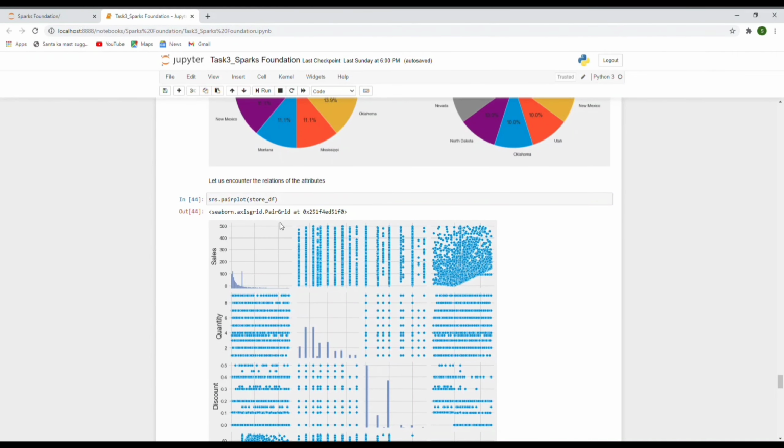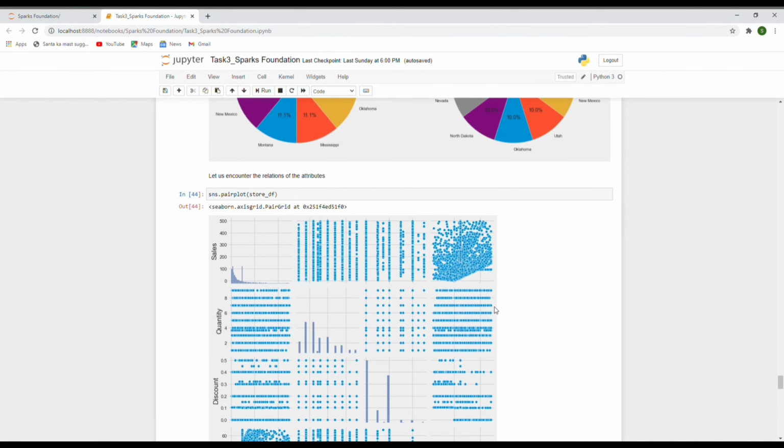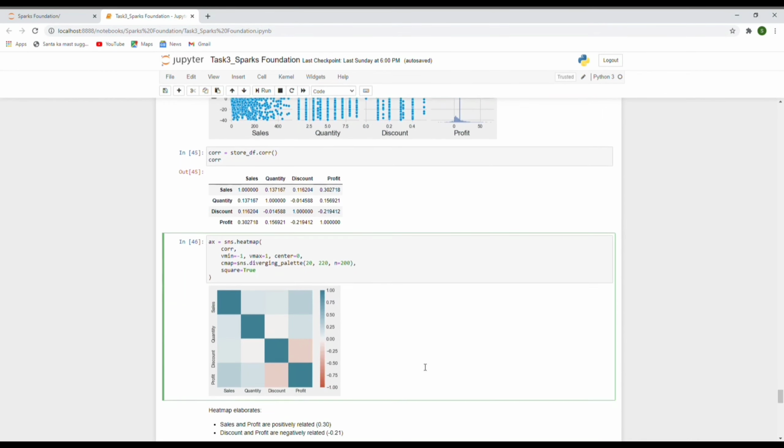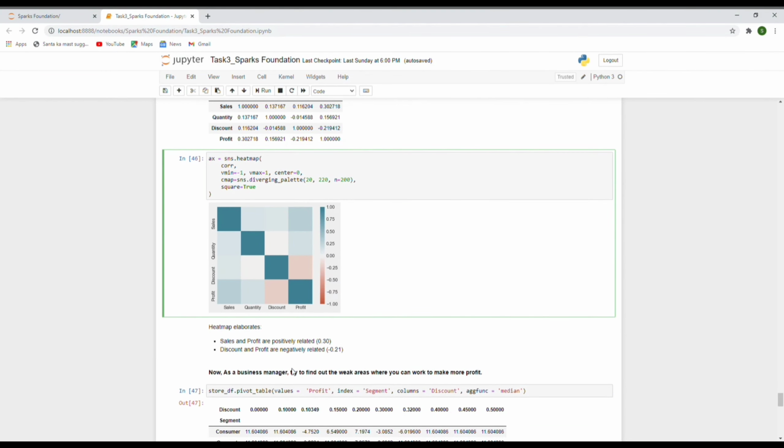And after that we have used a pair plot, in which we have easily identified the correlation between the various attributes, and after that we have calculated the correlation amongst the attributes, and by using a heat map we can easily observe that sales and profit are positively related, which is equal to 30%, and discount and profit are negatively related, which is equal to minus 2.1%.